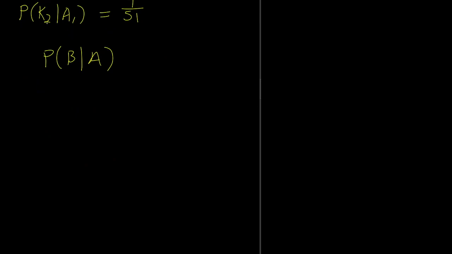This is saying, what is my odds of drawing a king given I've already drawn an ace? What if I sit down to a table and I haven't drawn any cards yet? And so I want to know, what is the probability of drawing a king on my second go, given I've drawn an ace on my first go?